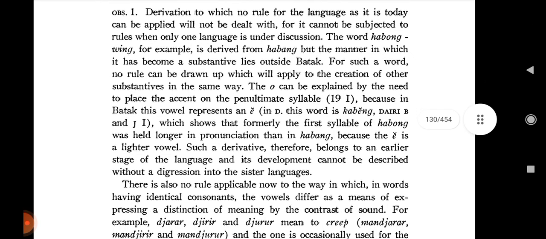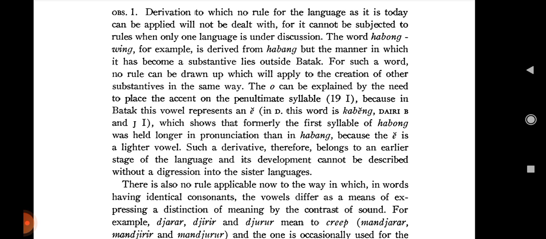57. Ops 1. Derivation, to which no rule for the language as it is today can be applied, will not be dealt with. It cannot be subjected to rules when only one language is under discussion.